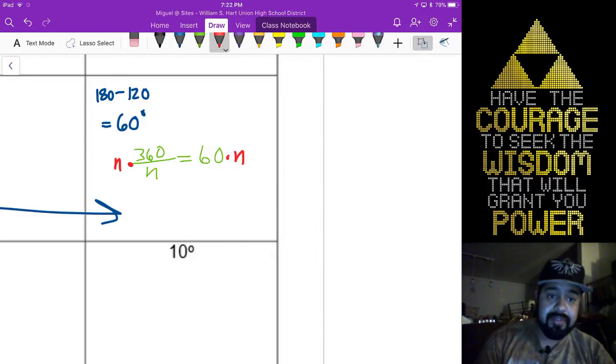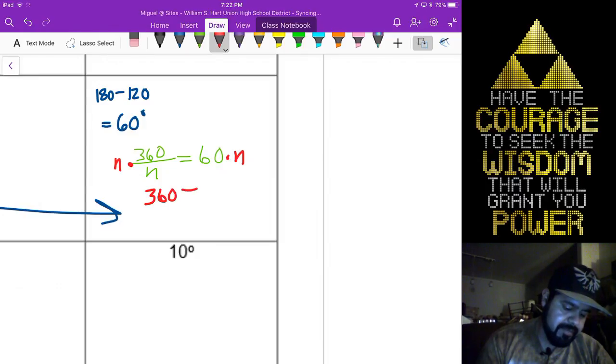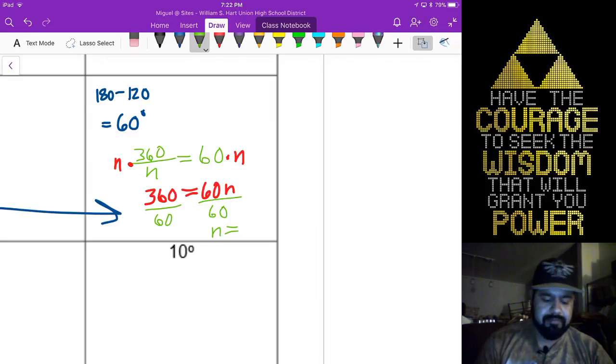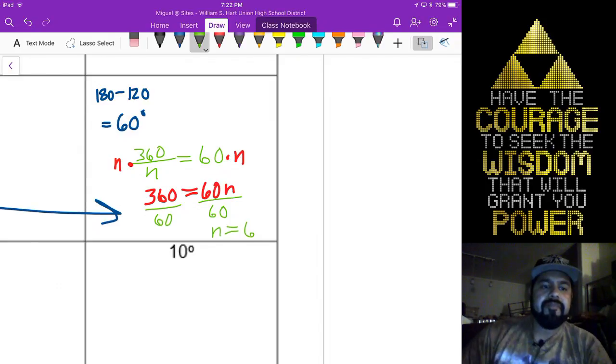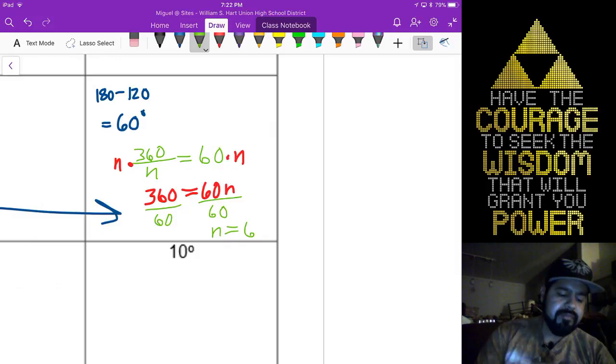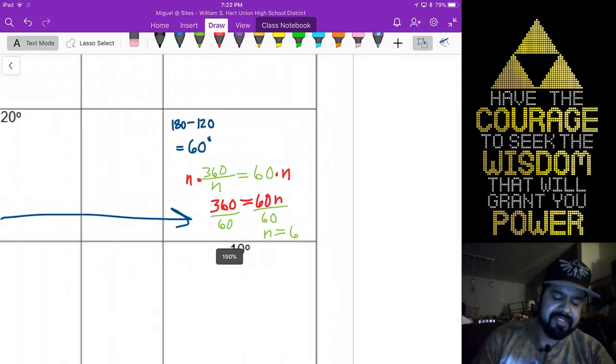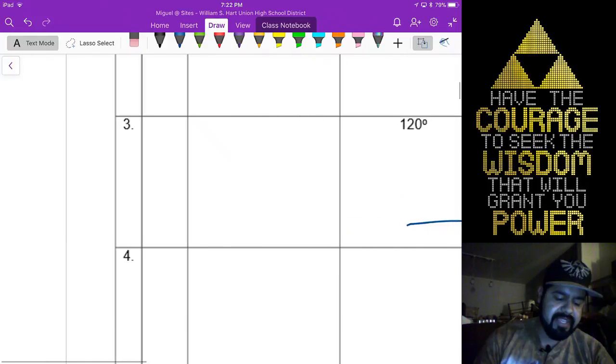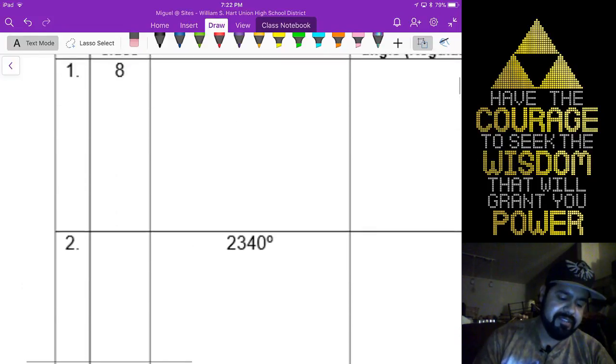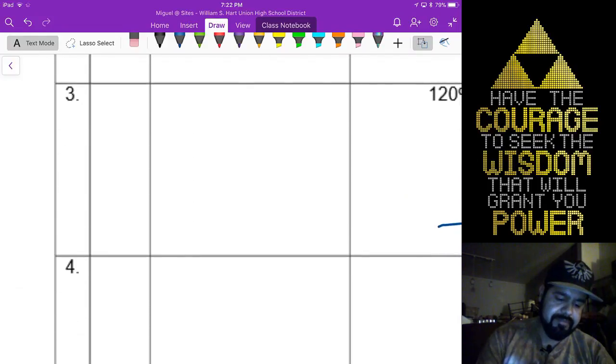And so when you're solving for n, you get 360 equals 60n. Divide both sides by 60. So then you get n equals 6. Now that you know the number of sides, you can go right back to the beginning here in column 1 where it says number of sides.